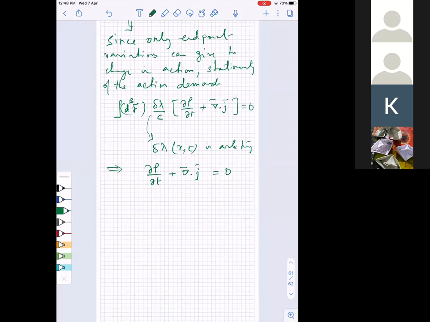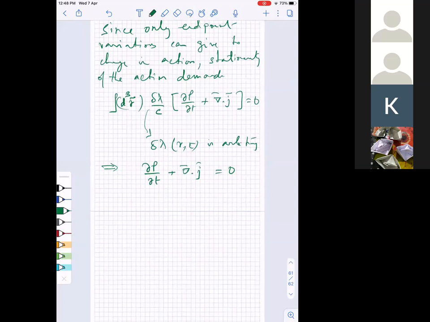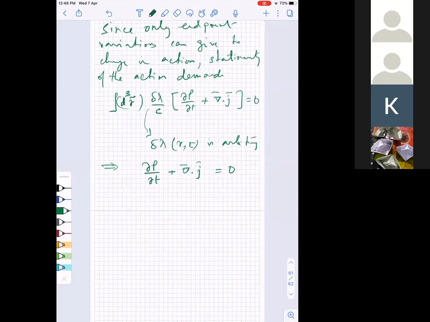So what does it mean? It means that if we have an infinitesimal gauge transformation lambda, then stationarity of the action implies that del rho del t plus divergence of J must be equal to 0.